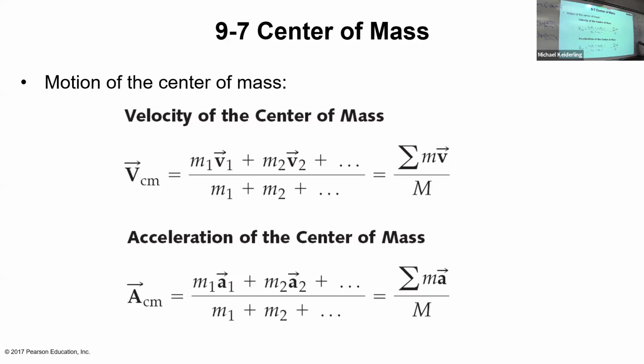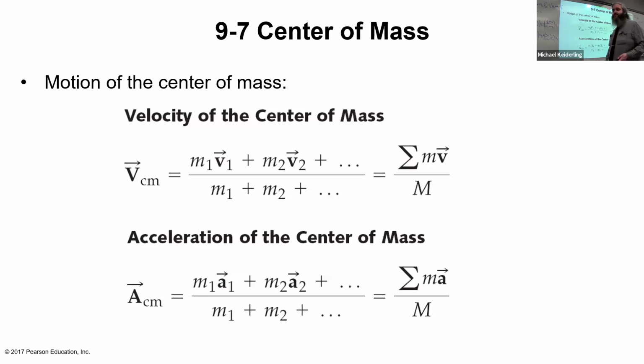The acceleration of the center of mass is the sum of the individual masses times the individual accelerations over the sum of the masses. And the same formula applies to y as it does to x, of course.